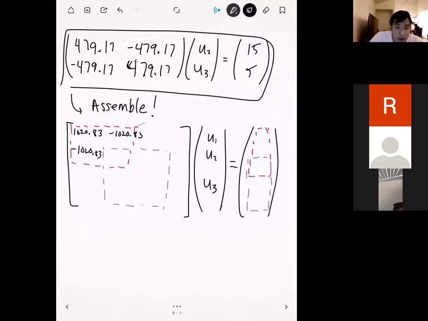And then in the middle right here, we have 1500, and then minus 479.17, minus 479.17, 479.17. And on the right here, we're going to have 5, 20, and 5. And then in all the other areas, we have 0.